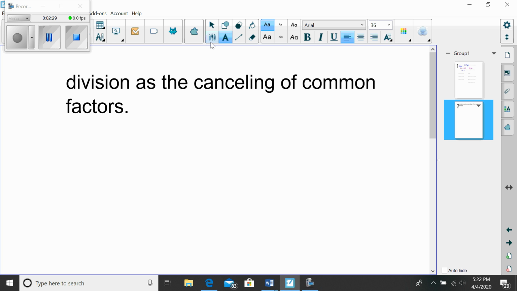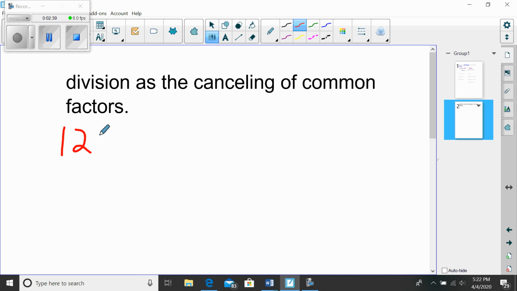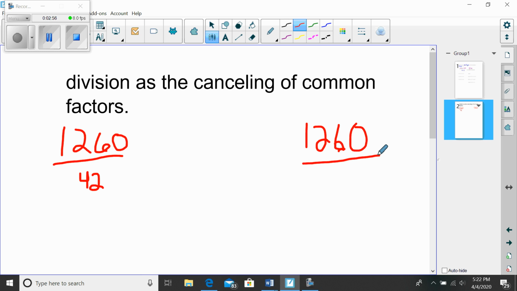And if I were to look at this division problem, 1,260, is that divisible by 42? Right? And then I'm going to look over here at the same number and determine, is that divisible by 66?